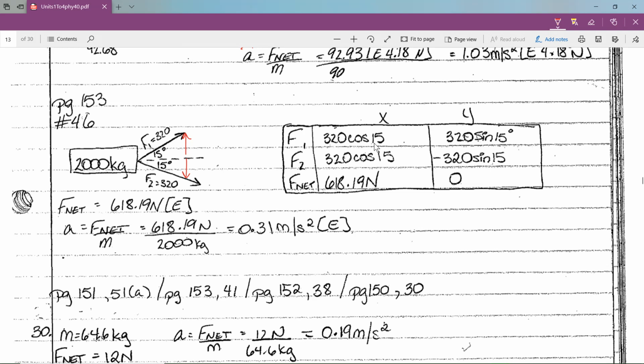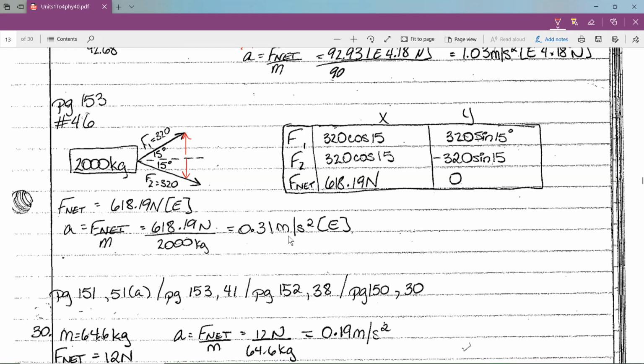320 cos 15 is my x. 320 cos 15 is my x for F2. So they'll add together and they become 618.19. My y component, 320 sine 15 going up, minus 320 sine 15 going down. So the y is 0. So my acceleration is 618.19 divided by 2,000.